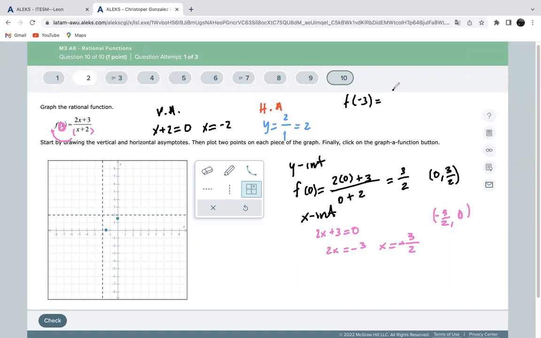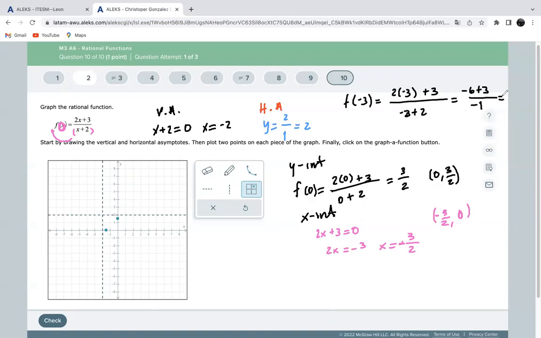So that would be 2 times -3 plus 3 divided by -3 plus 2. That is going to be -6 plus 3 divided by -1.